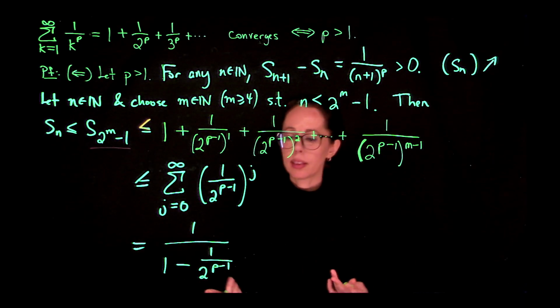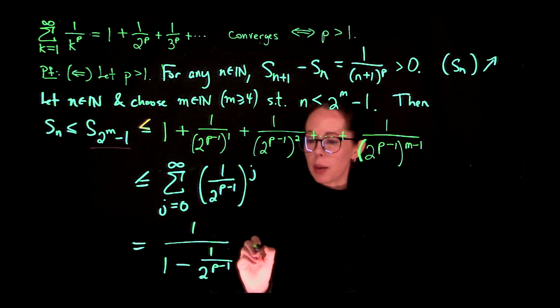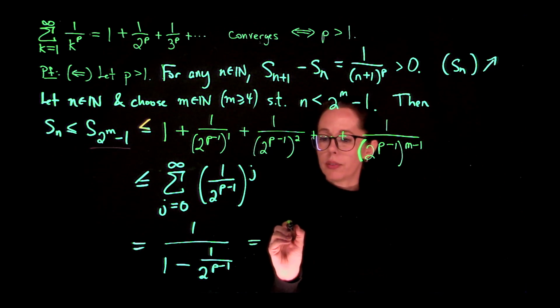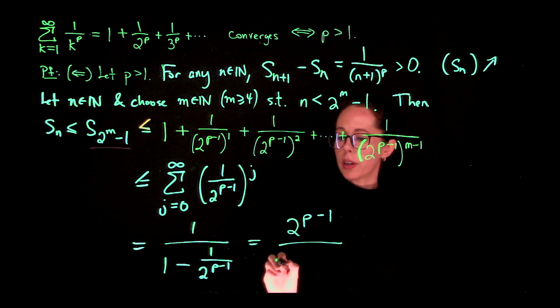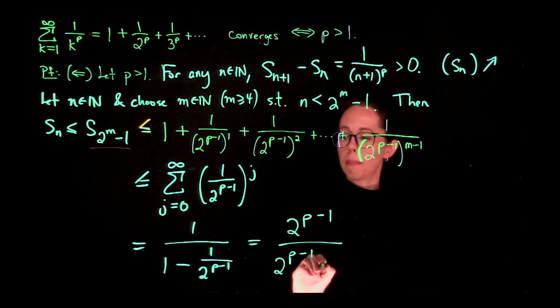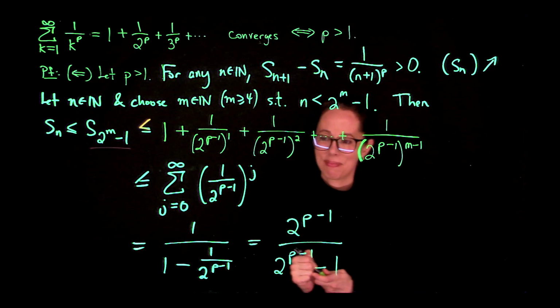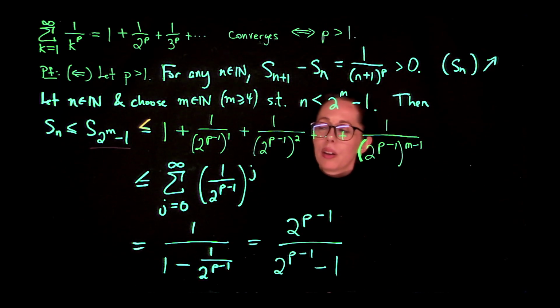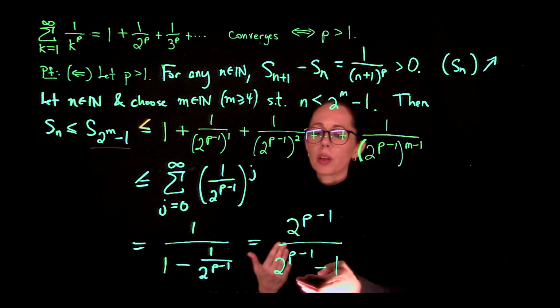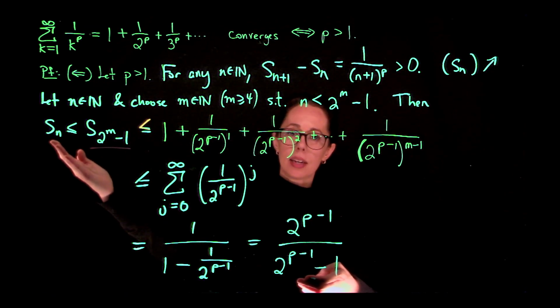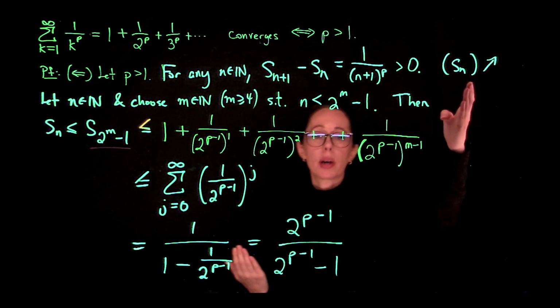That's fine written like that, but if you want to, you can multiply top and bottom by 2 to the p minus 1 if you just want to make it look a little bit nicer. And we have 2 to the p minus 1 over 2 to the p minus 1 minus 1. All right. Now, this number, again, I don't actually really care what its value is. What it's doing is serving as an upper bound for every single partial sum in the sequence of partial sums.